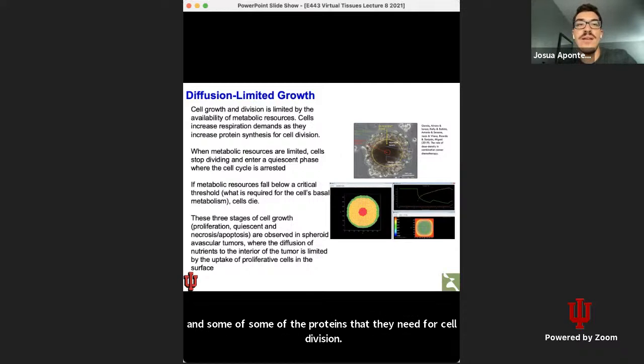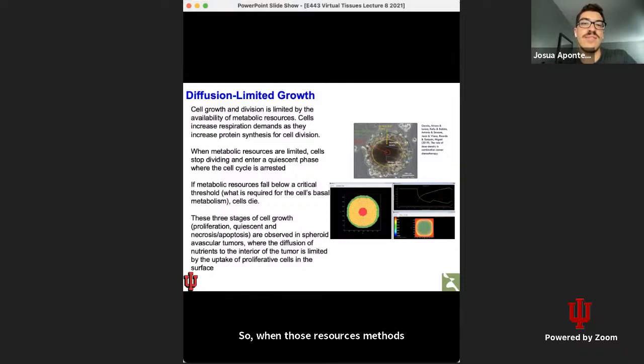So when those metabolic resources are not available, the cells cannot undergo cell division, and they usually stay in a quiescent state where they are arrested in their cell cycle.